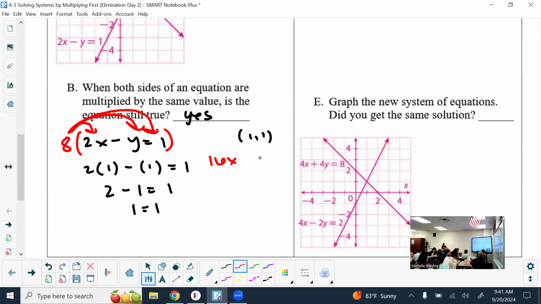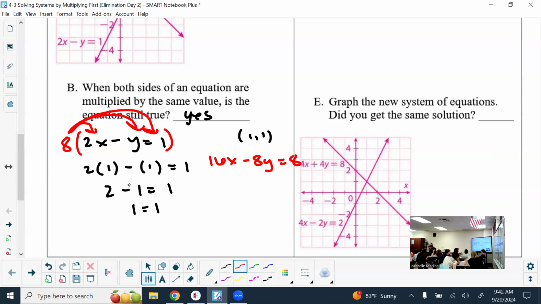What is 8 times negative y? Negative 8y, good, because what's in front of the y if it's not written? A 1, it's negative 1, so negative 8. And then 8 times 1 is 8.